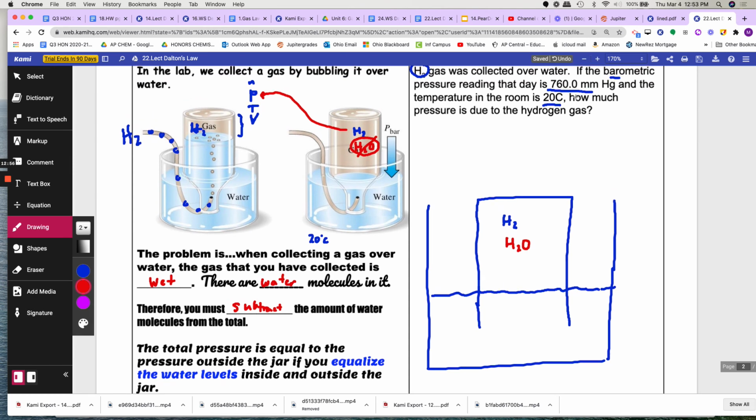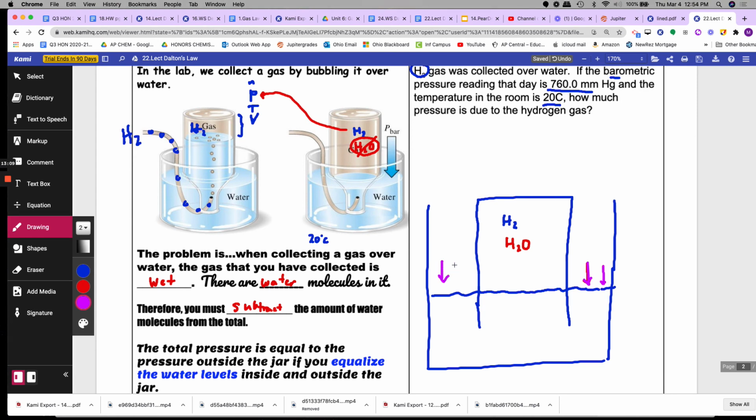The pressure reading that day is 760, which means the pressure outside from the atmospheric gases is 760 millimeters of mercury. So you have to measure that in the lab. If you make the water levels equal to each other, the pressure inside will be equal to the pressure outside, so the total pressure is also 760 mmHg, if you make the water levels equal.